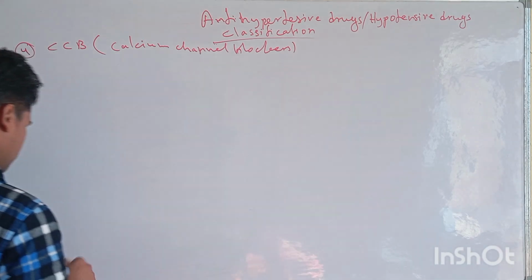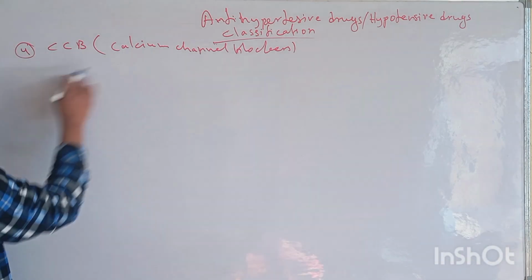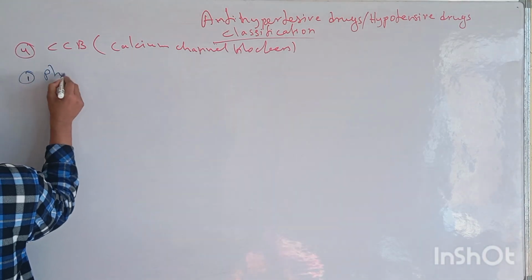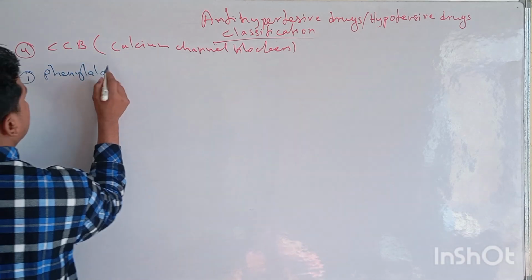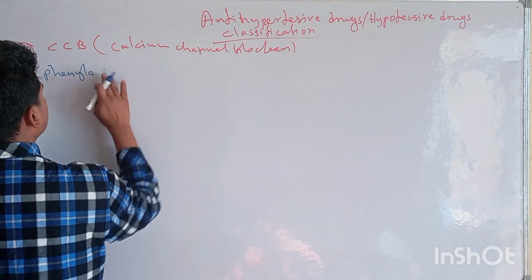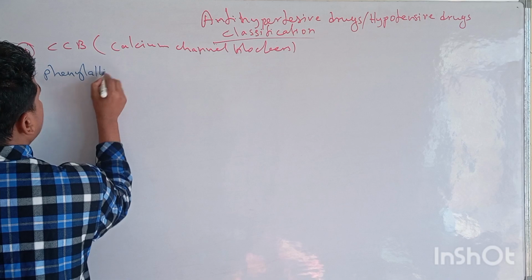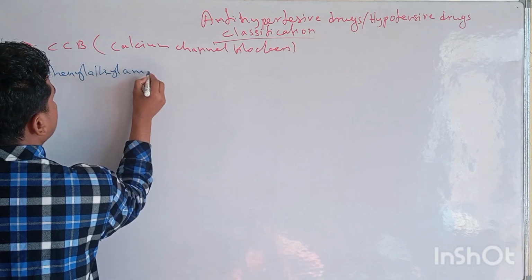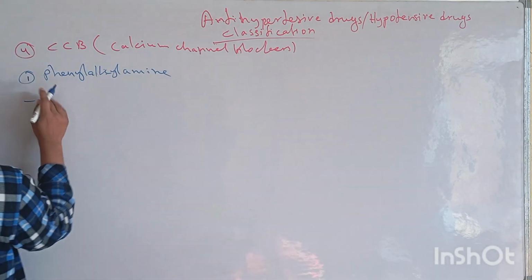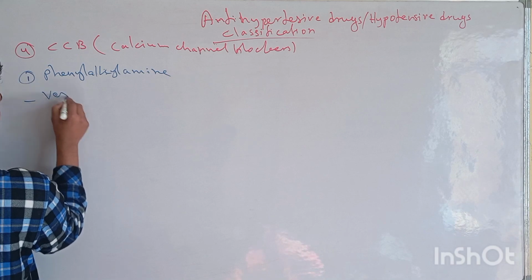Here will also be subcategories. Number 1 phenylalkylamine. Examples will be verapamil.